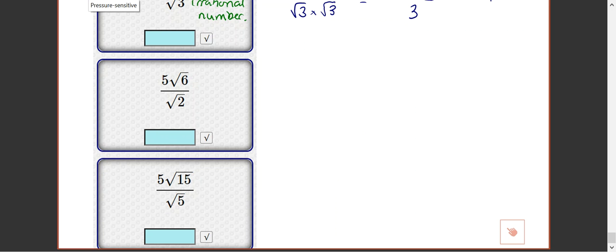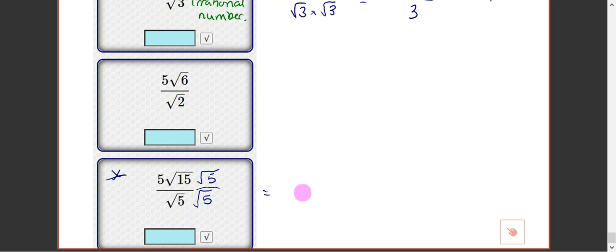What should we do then? Root... Oh, you're doing this one. I thought we were doing that one. So root 5. So we're going to times that by root 5, and we're going to times the top by root 5. Okay.